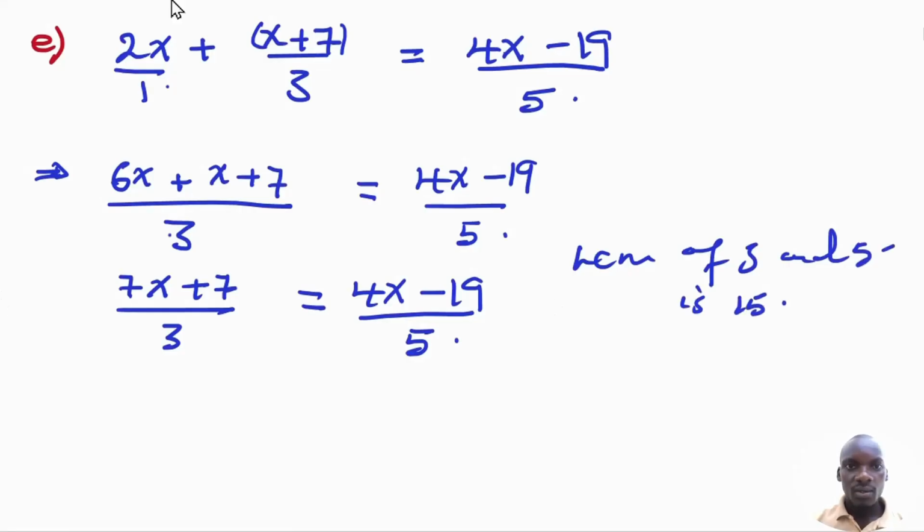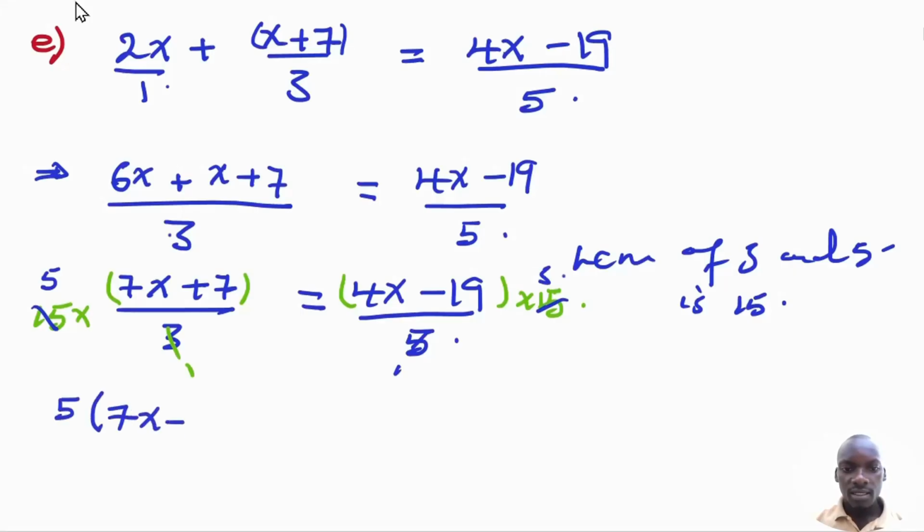So we can decide to multiply every side by 15. So by 3 once, by 3 we have 5. Then by 5 once, by 5, 3. So we are left with 5 into 7x plus 7 equals to 3 into 4x minus 19.